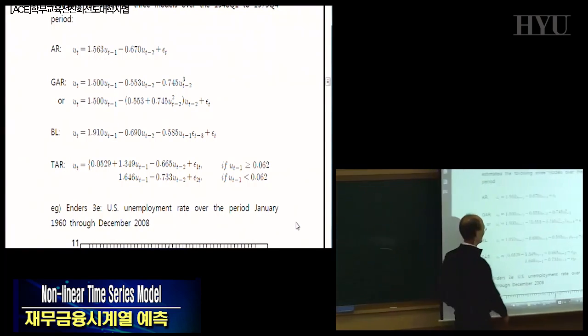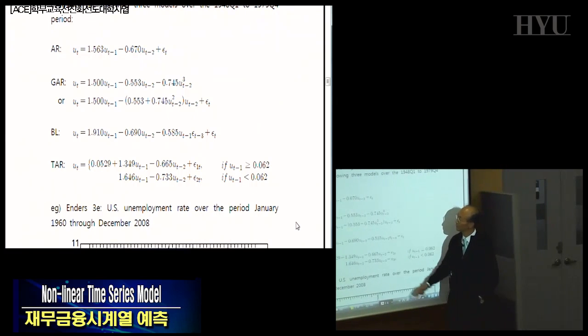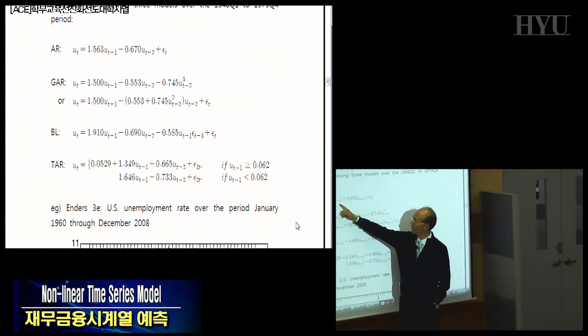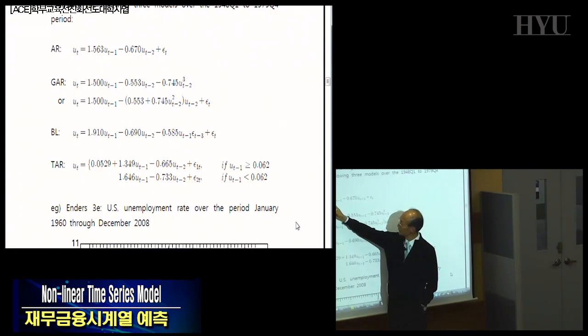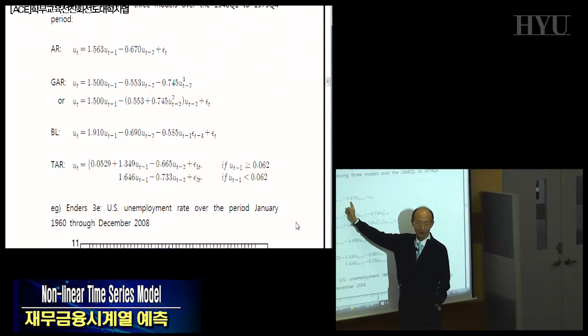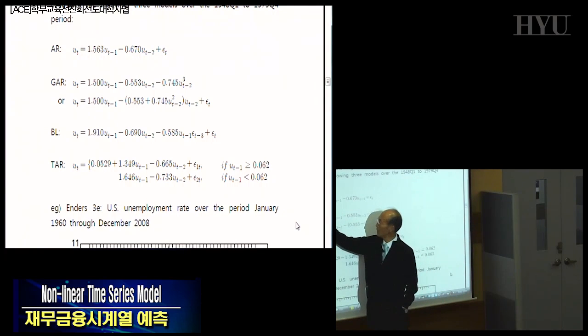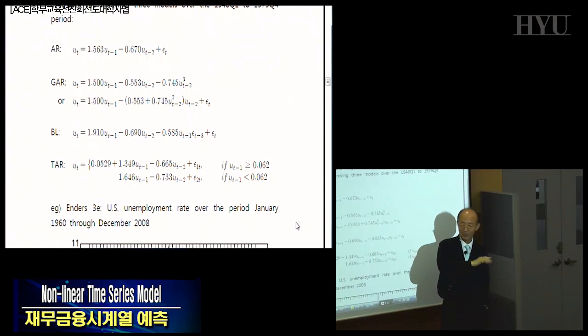He estimated an AR(2) process for that. If you look at the sum of these two coefficients, obviously it's less than 1, but very big. So even if you have a detrended unemployment rate, it is still very persistent.